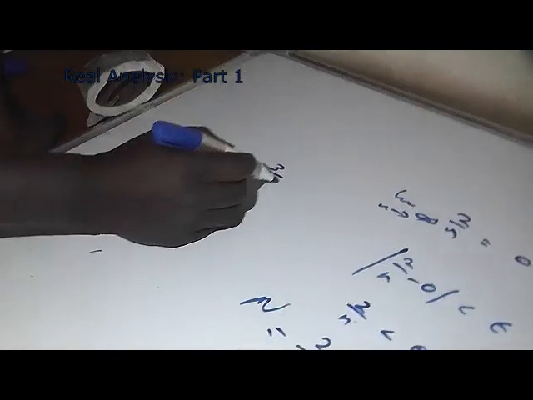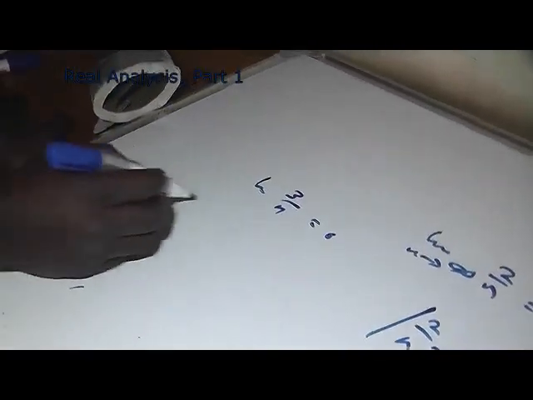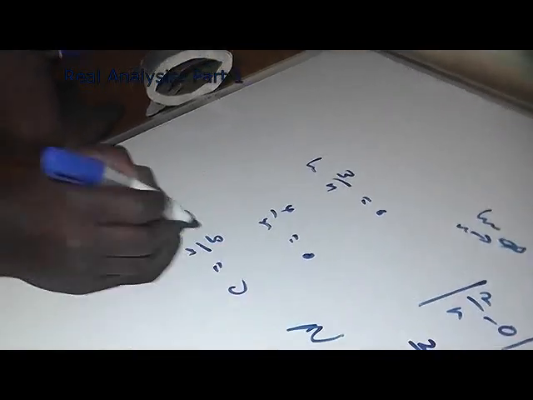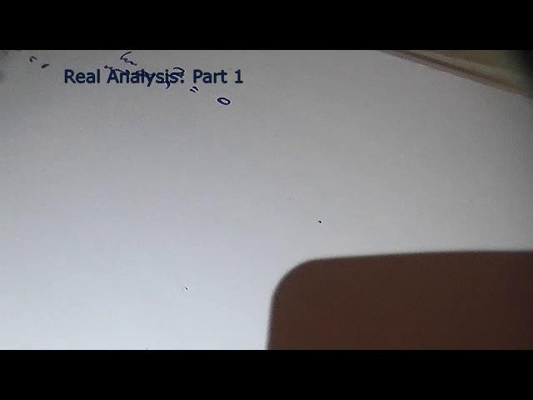And this applies to 3 over n, limit equal to 0, 4 over n equal to 0, 5 over n equal to 0, and down the line. And this is why we call this mathematics abstract, because once you solve one particular example, you have solved so many others.